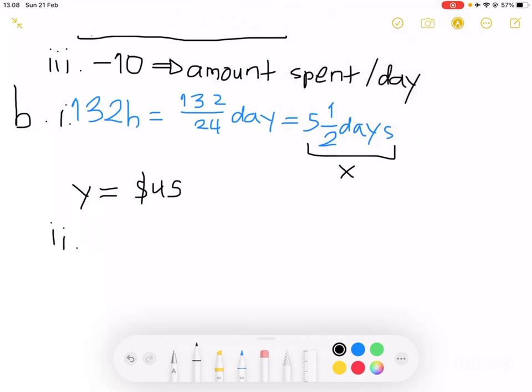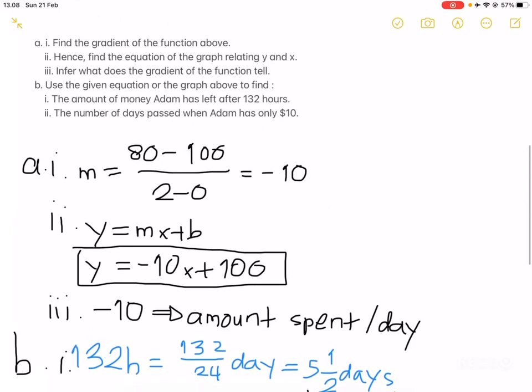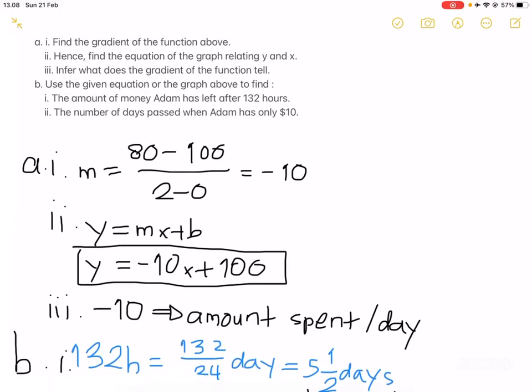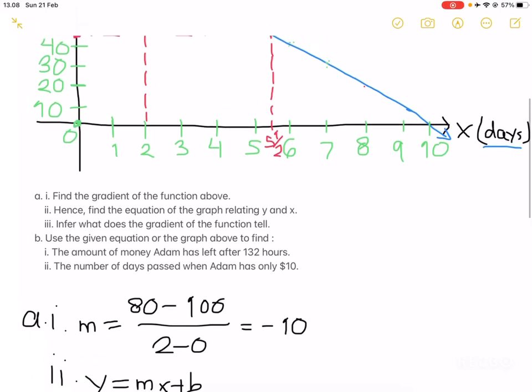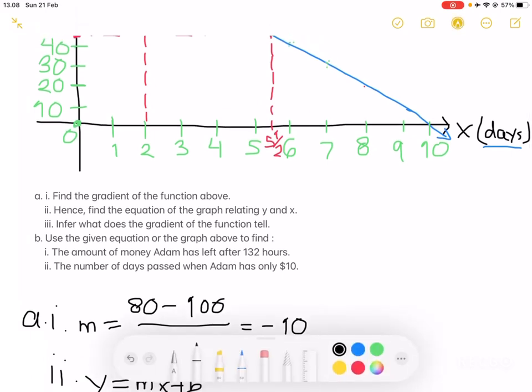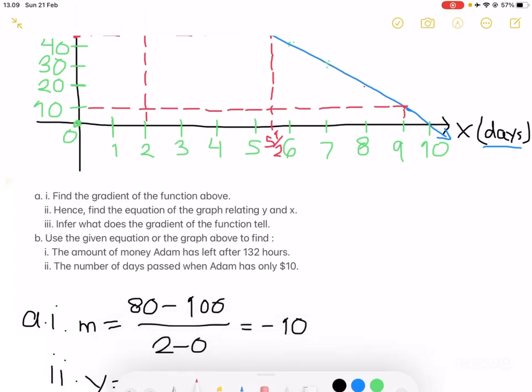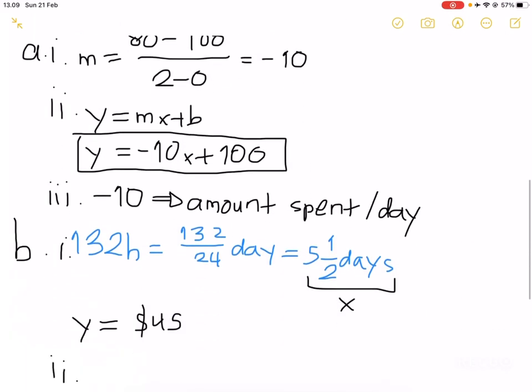So this is part 1. Part 2 will be the number of days passed when Adam has only $10. You can just use the same strategy, or just substitute y equals 10 into the function that you've just found, and you can just draw, in this case, a horizontal line intersecting the y-axis at 10, and then stop where it lies on the function, and then draw a vertical line, and you see that x is 9.